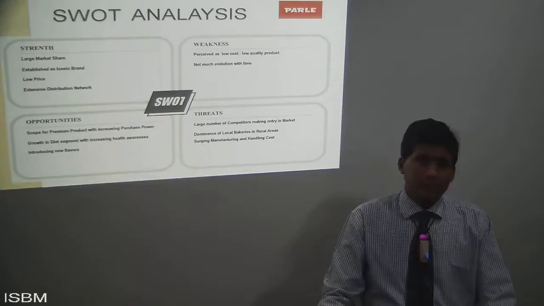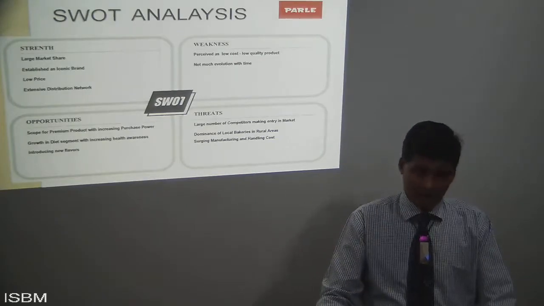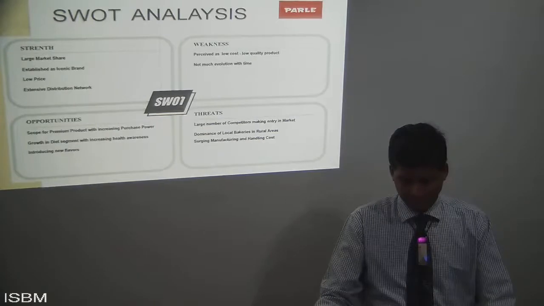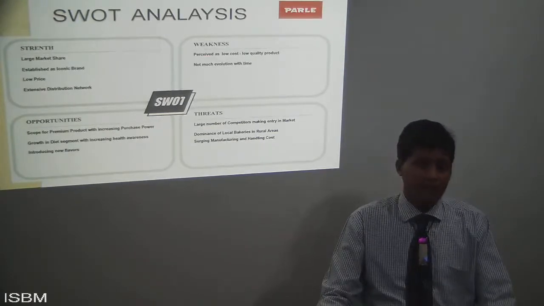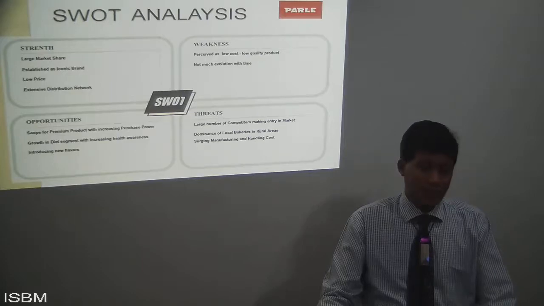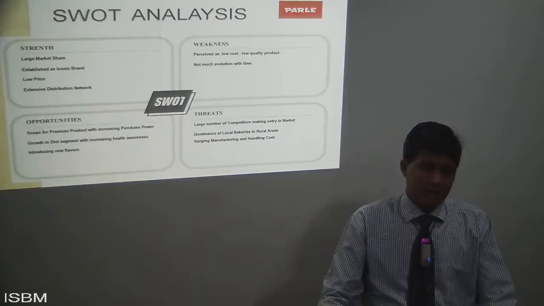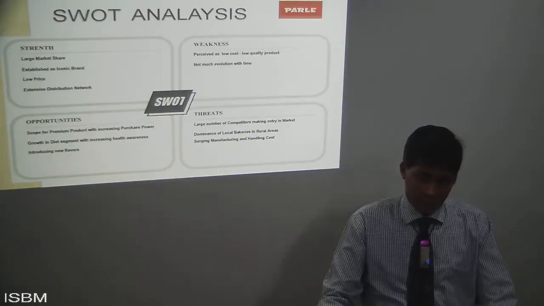That means in an FMCG-like market, especially in biscuits, if your market share is touching 35 or 40, that's a major chunk. Although you have been in the industry for around 80-85 years, still retaining 35% market share is huge.